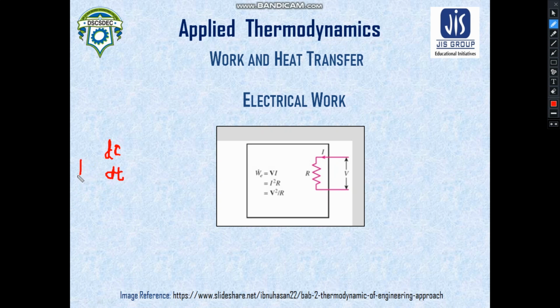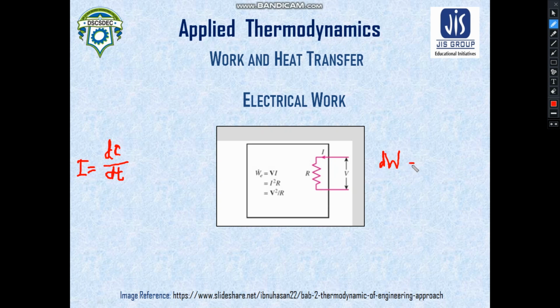Now from the concept of electrostatics, we can easily understand that the current I flowing through the resistor is nothing but dC/dt. Now we need to move on to calculate the work done. Let us take dW as an infinitesimally small work done.